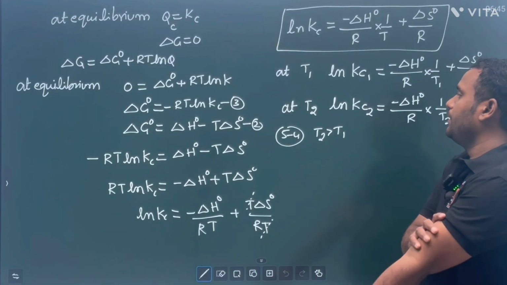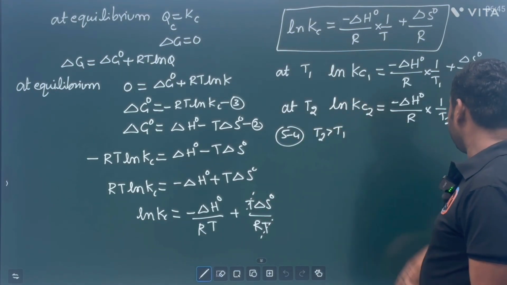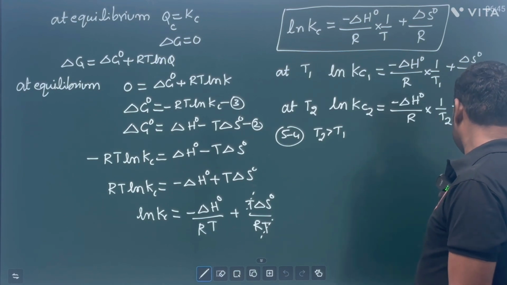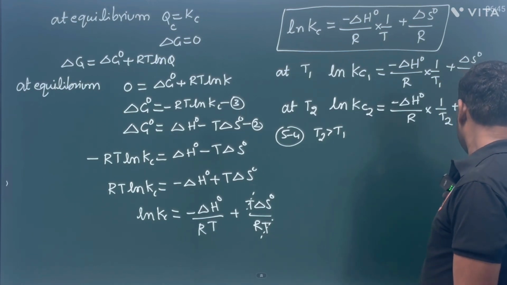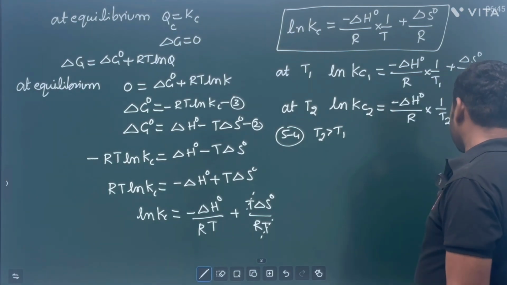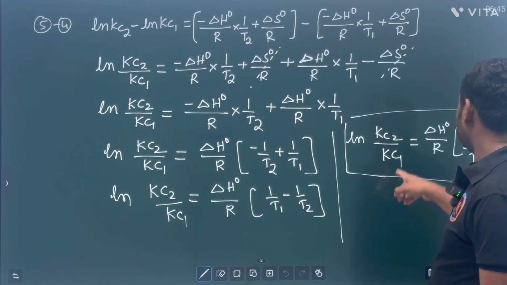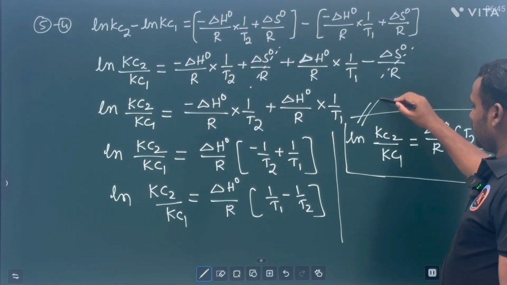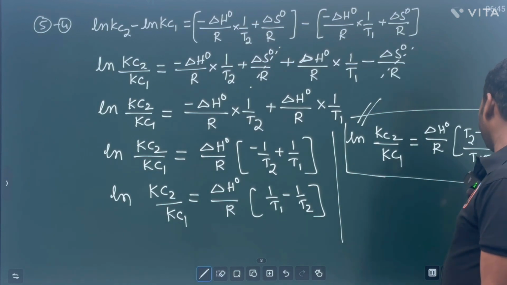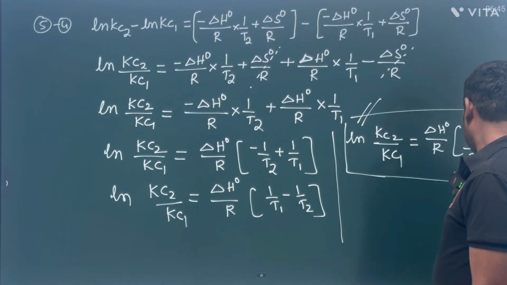I explained the derivation for the van't Hoff equation, and this is the final derivation, and conditions also. This is the relation between Kc1 and Kc2, meaning what happens to Kc if you change the temperature.